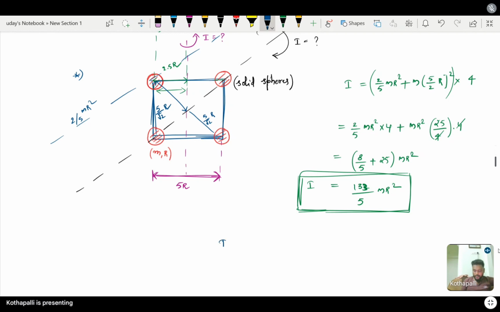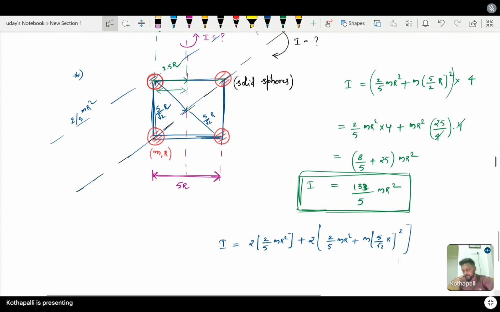Then the total moment of inertia I can write. See here the axis passes through the center of mass only. For this there is no need of the parallel axis theorem. So two spheres have moment of inertia 2 by 5 mr square. That's clear. Plus the remaining two spheres, by parallel axis, are 2 by 5 mr square plus m into distance. Distance is how much? 5 by root 2 r whole square.